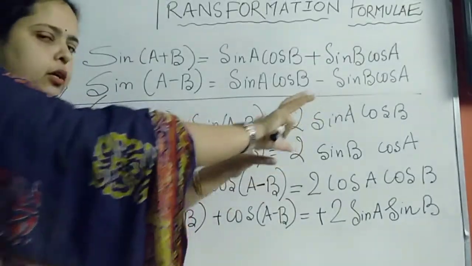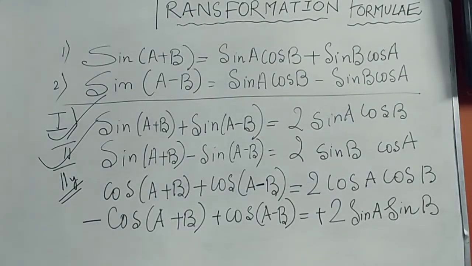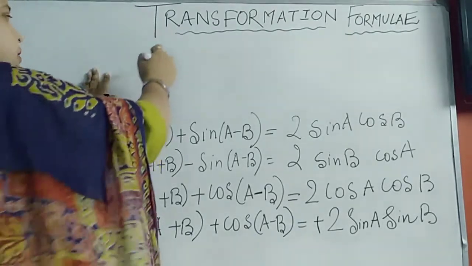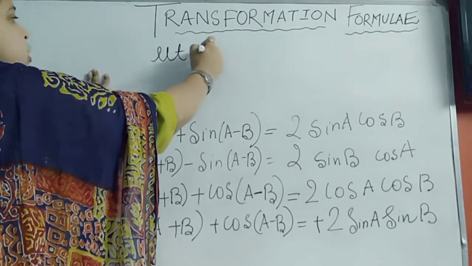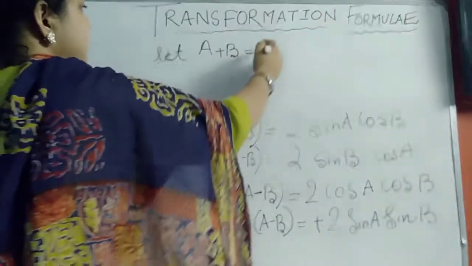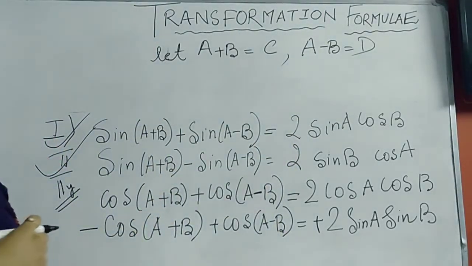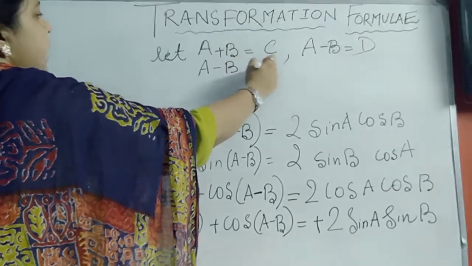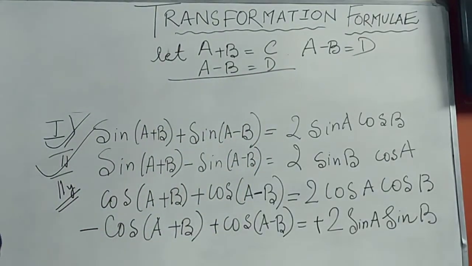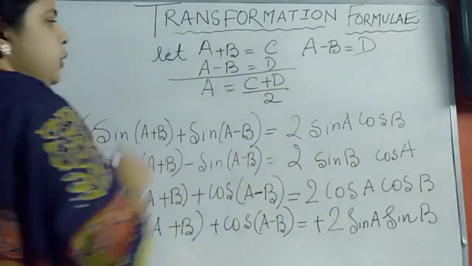Now, using this particular set, I will be telling you about another set of formulas. This goes with a substitution: I take the angle A plus B as C and the angle A minus B as D. Now you tell me, if I add these two, then plus B and minus B will cancel, and we are getting A as C plus D by 2.